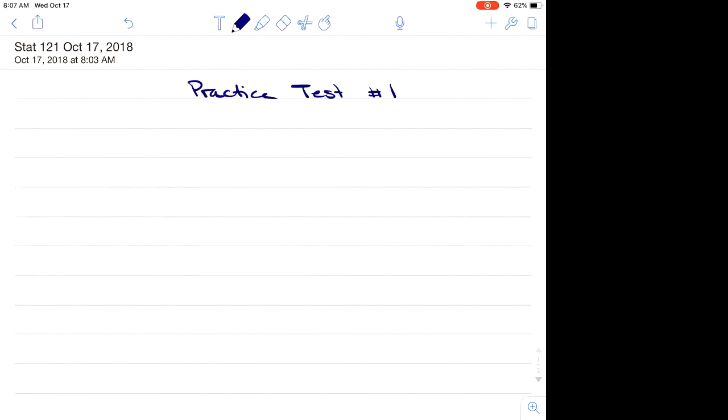From there, you should be able to identify whether something's a categorical variable or a numerical variable. And then I'll also give you a research question, and from that question, you should be able to identify the response and the explanatory variables. That's what I expect for the variables point.